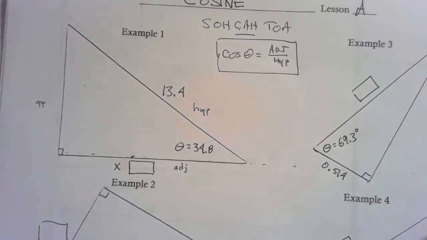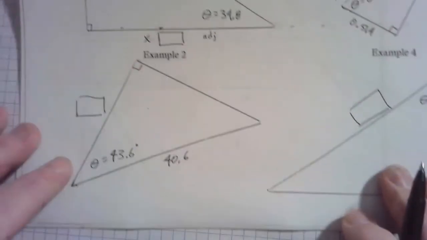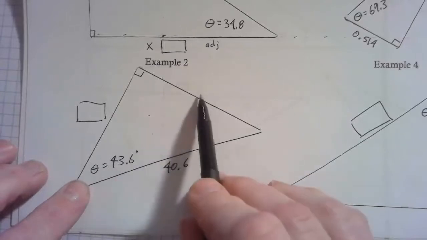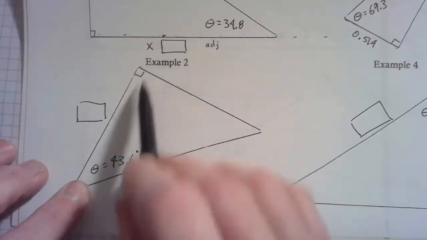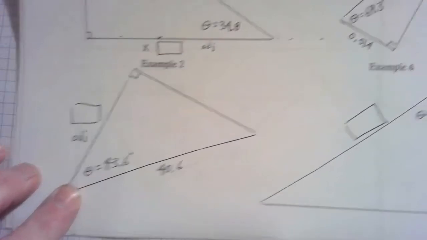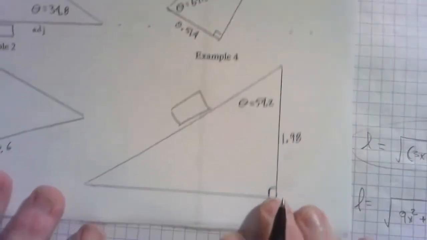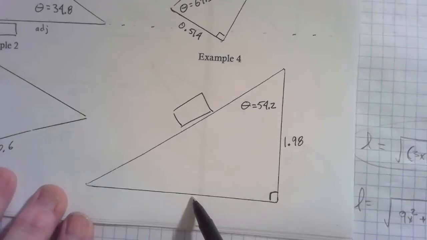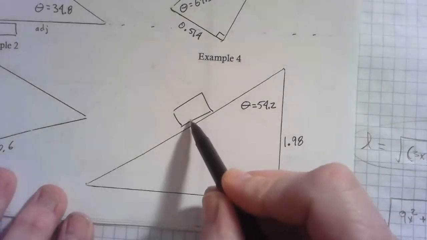So let's go through and identify the adjacent side in all these. I've kind of helped by putting this box. But for this angle, that would be opposite. This is definitely hypotenuse, so this is our adjacent side. What about this? Well, this is opposite. This is hypotenuse, which is what I'm missing.